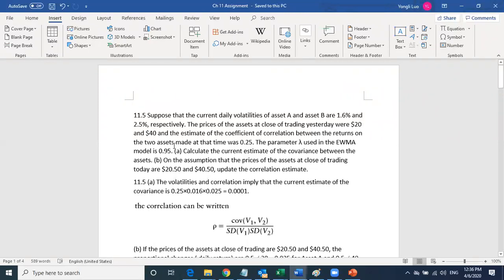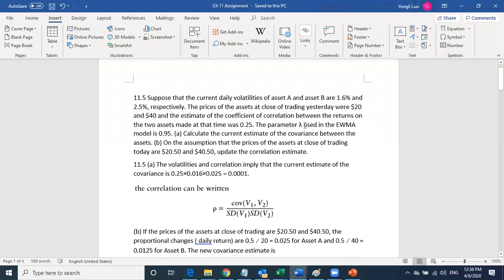And the correlation between these two is 0.25. The parameter lambda for the exponential weighted moving average is 0.95. The prices of the trading day change to 20.50 and 40.50.